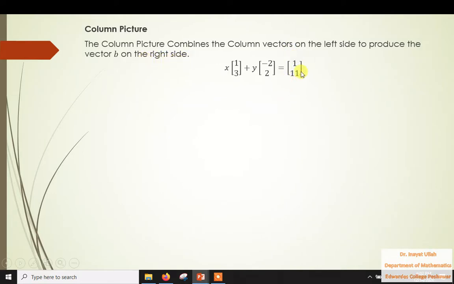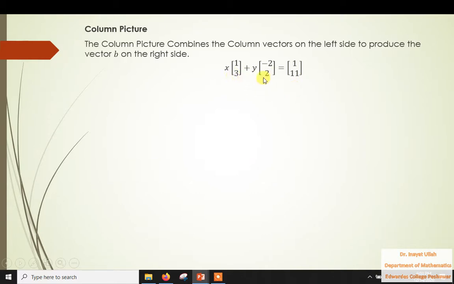This vector b is actually the right side, the column vector (1, 11). So whenever two column vectors join, they produce a single column vector.